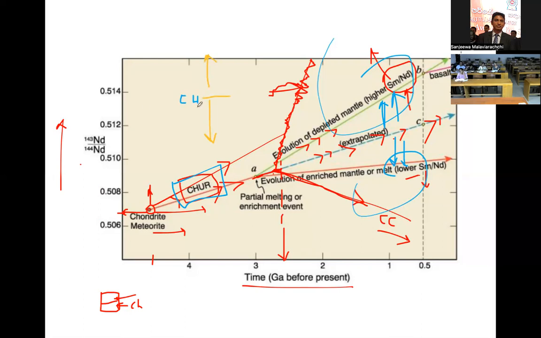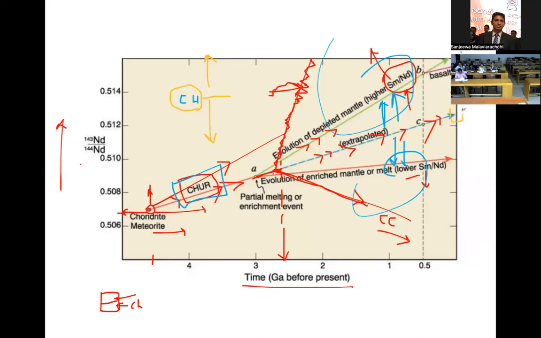This chondritic reservoir concept is important because you have to assume that if it evolved until today without disturbance from these partial melting events, we must have a chondritic value at present day.